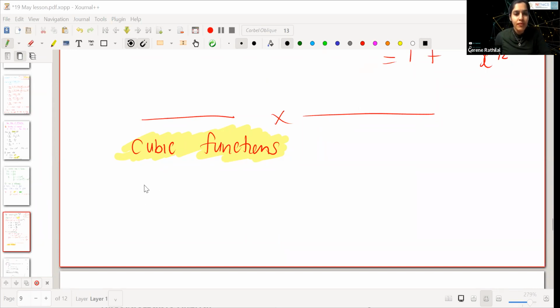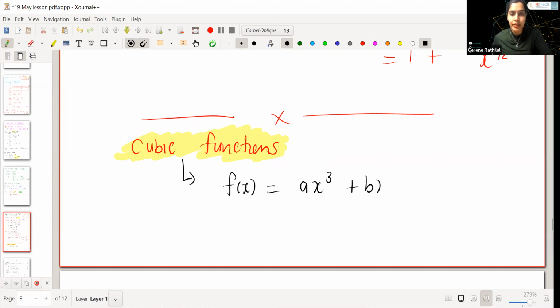So a cubic function has the form f of x equals ax cubed plus bx squared plus cx plus d. As you can see, the highest power of the variable in here is 3, hence the name cube. So this is a cubic function.